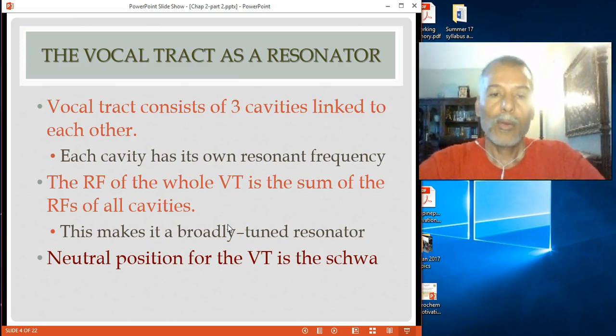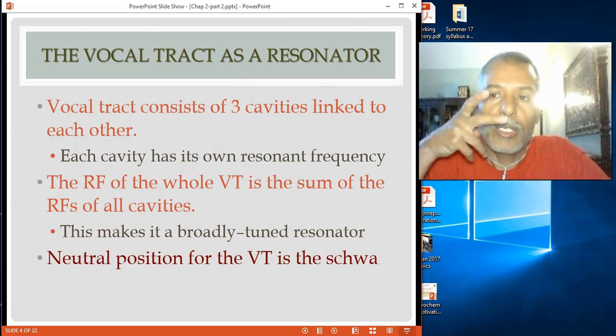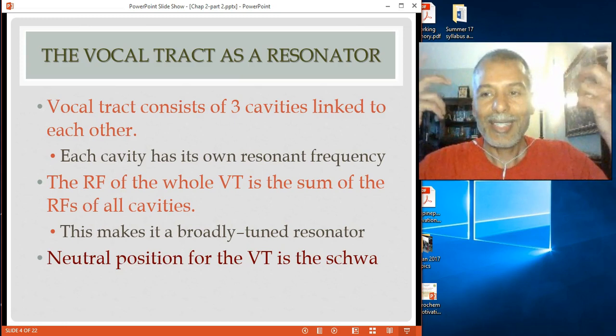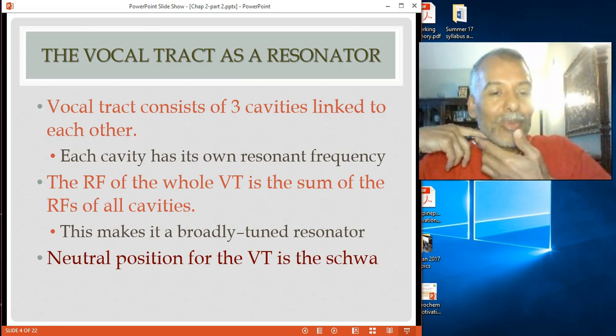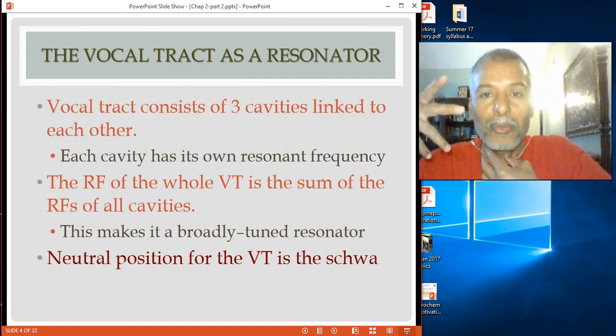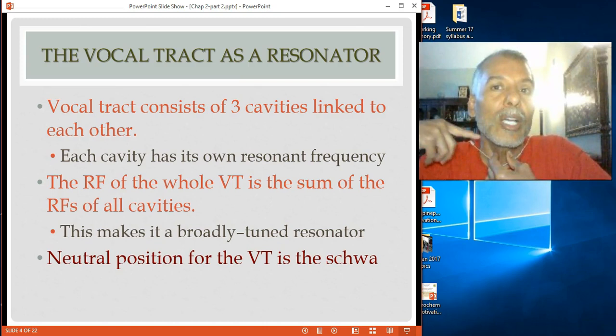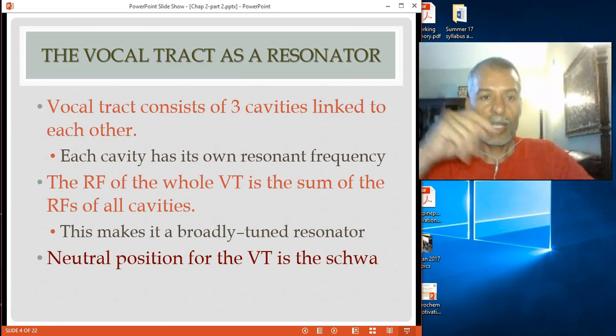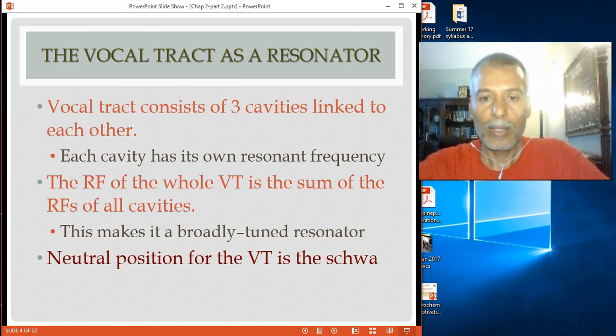Now, how can you measure the resonance of the vocal tract? You have to put a tone in there, but you want to see the vocal tract at rest. How do you measure it when it is resting? The only way to do that is to have a surgery, insert a tube here, and make a sound that goes up while the vocal tract is resting, and then measure the frequency of it.